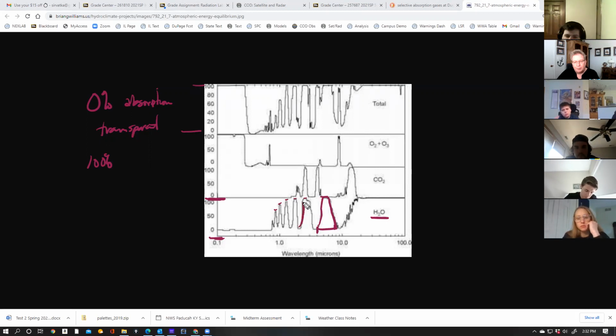Here, there's a lot of absorption by water vapor. And eventually, water vapor does a lot of absorption over here. What that tells me is that longer wavelengths are absorbed better. Well, when would the Earth give off longer wavelengths?